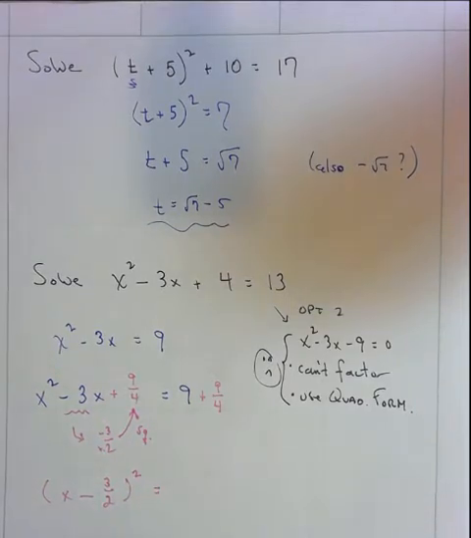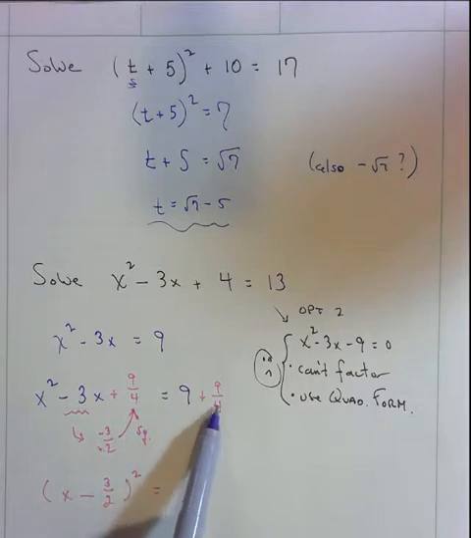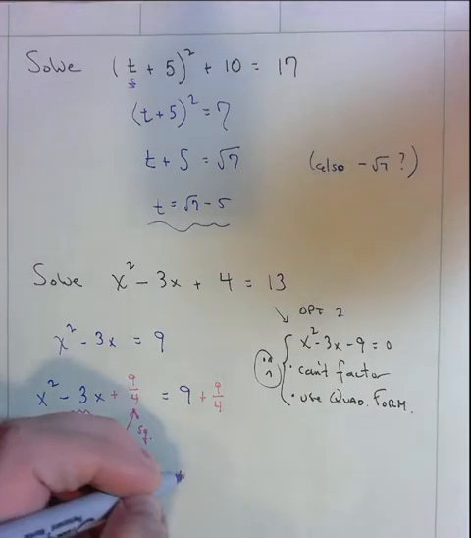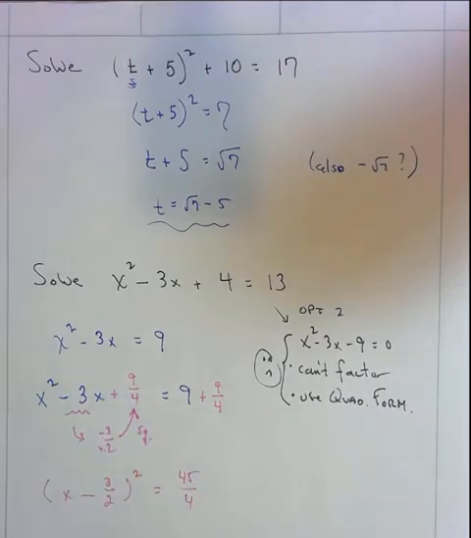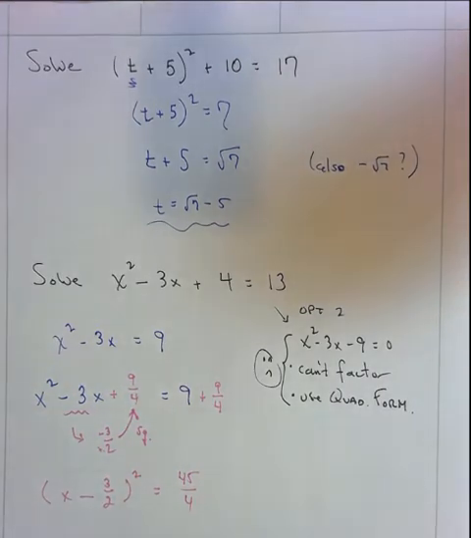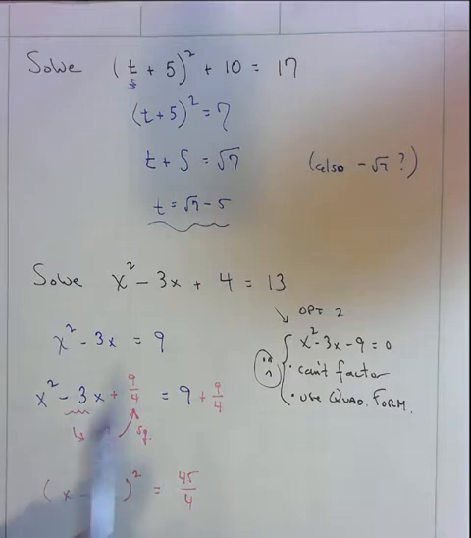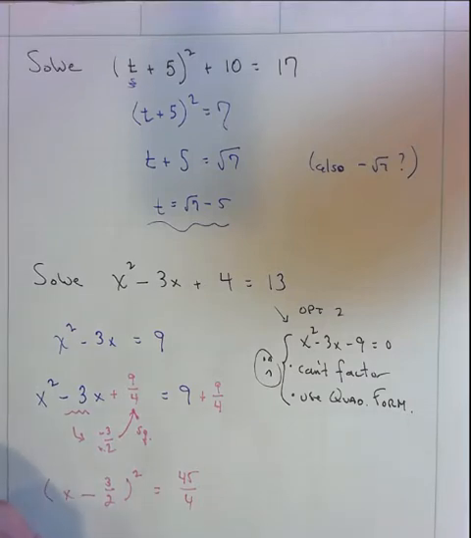So we've introduced a perfect square into this calculation, and then over here in our little cleanup, we need a denominator of 4 on this 9 to go with that denominator of 4. So this is 36 fourths plus 9 fourths is 45 fourths. So this is the new and improved version of that expression, and now we can go solve it just like we did above by applying the square root to both sides.